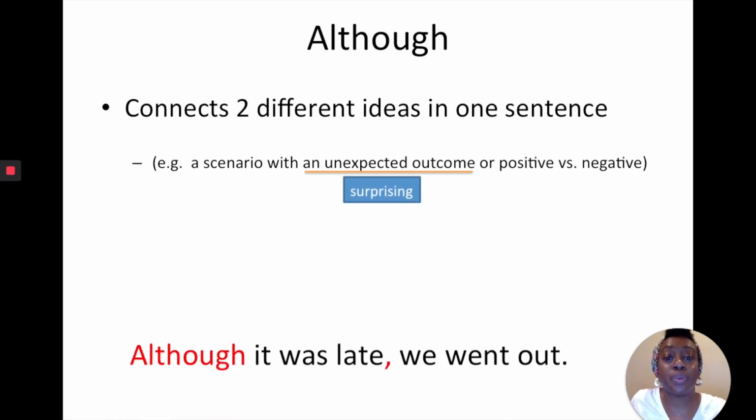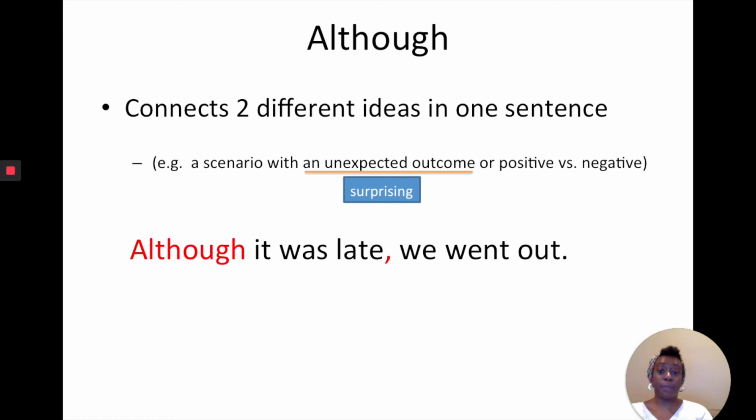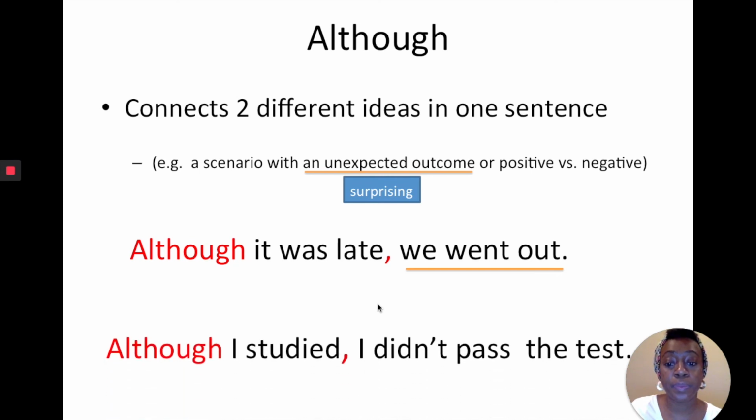So what's surprising? Here's an example. Although it was late, we went out. And this right here is the unexpected outcome. Although I studied, I didn't pass the test. Okay, which part is the unexpected outcome? I didn't pass the test, okay?